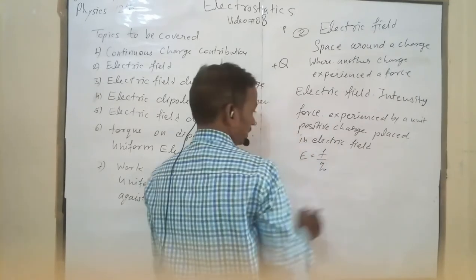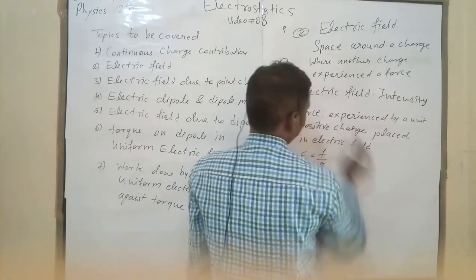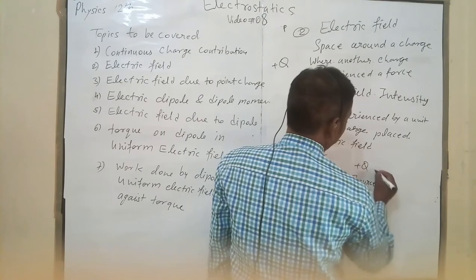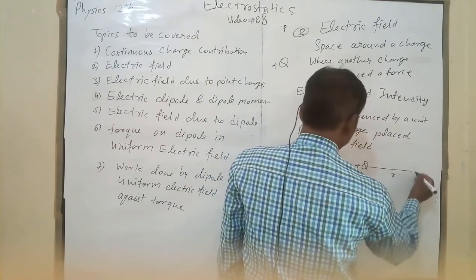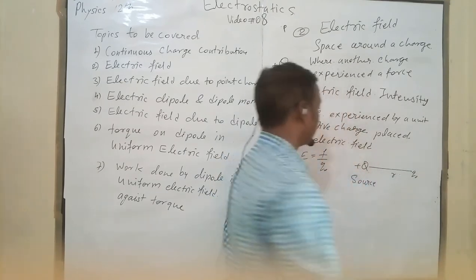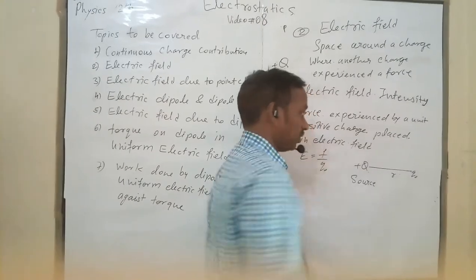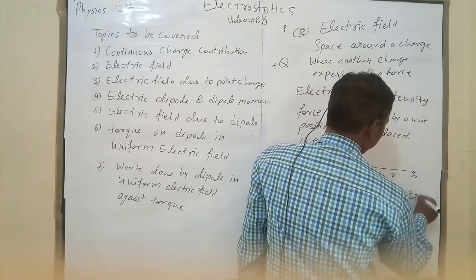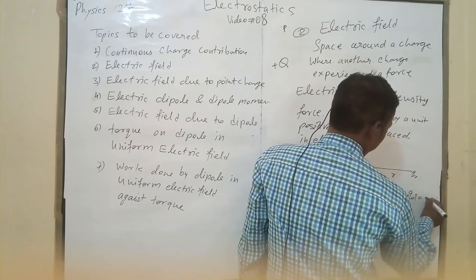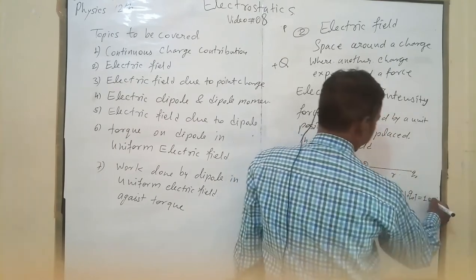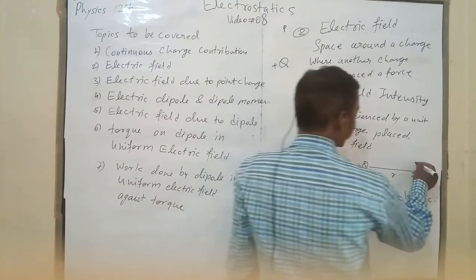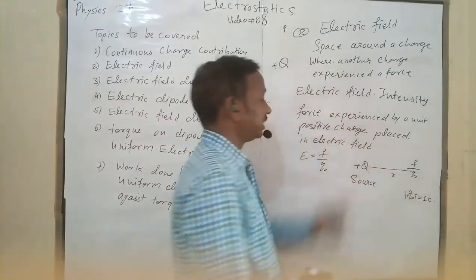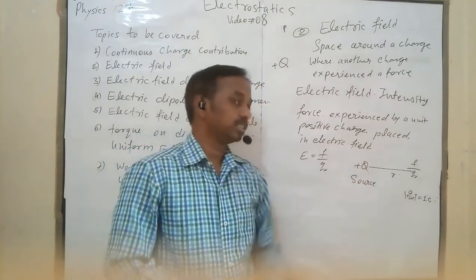Suppose Q is the source charge, and at distance R there is another test positive charge whose magnitude equals 1 coulomb. So the force experienced by this charge at this point is called the electric field intensity of that charge.